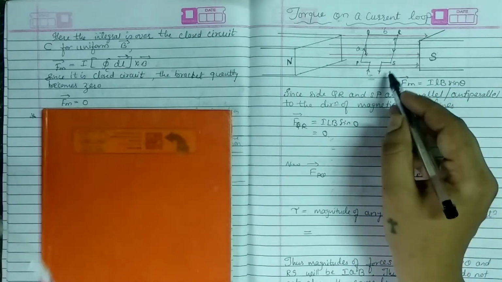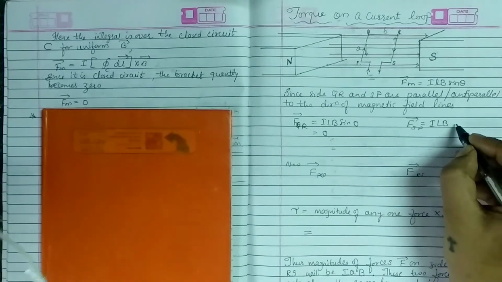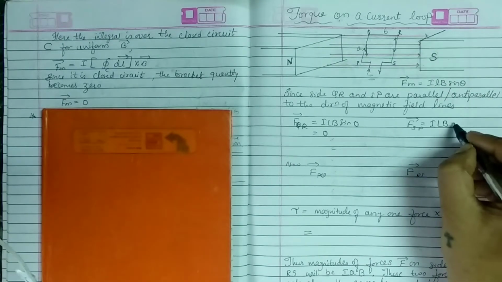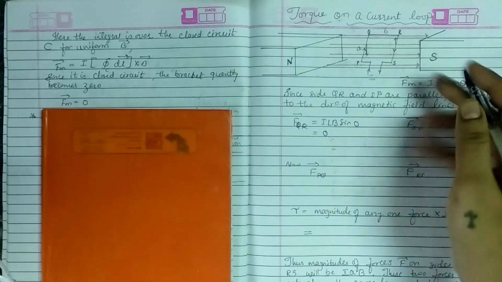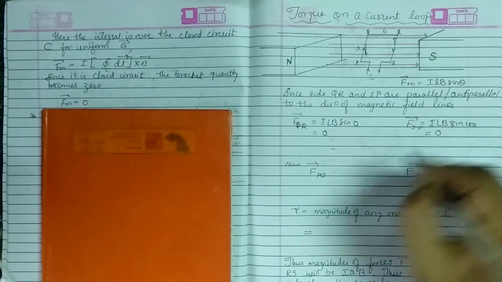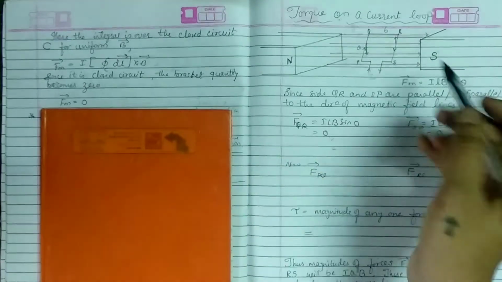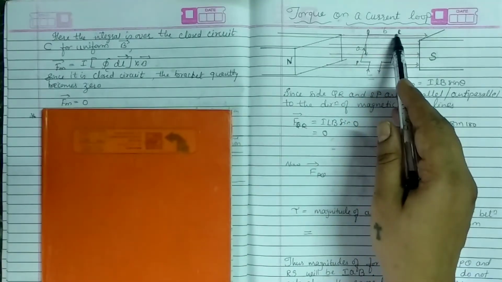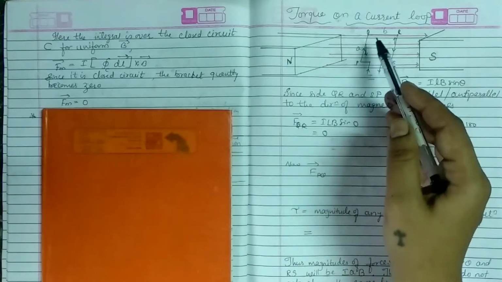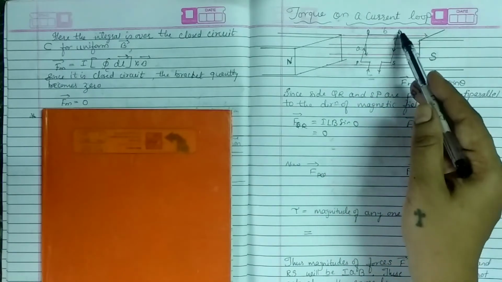If you consider SP, it is ILB sine 180, because it is anti-parallel. Once again sine 180 is 0, so the force is again 0. In short, there is no force applied on the sides QR and SP. So we are only going to consider the force applied on side PQ as well as side RS.